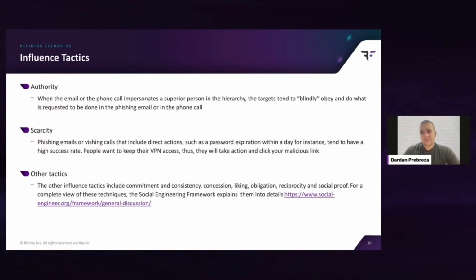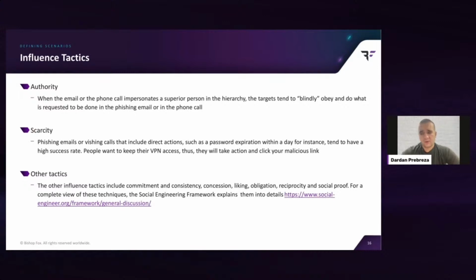And scarcity is about phishing emails or phishing calls that include urgent actions, such as a password expiring within a day, for instance, and they tend to have a high success rate because people want to keep their VPN access, and thus they will take action and click the malicious link that you have sent them or provided through text.